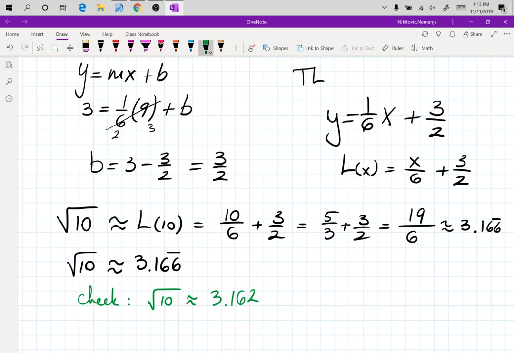I am off in the third decimal, with something that I have not used a calculator for at all. So we can compute values this way, and it's really cool.